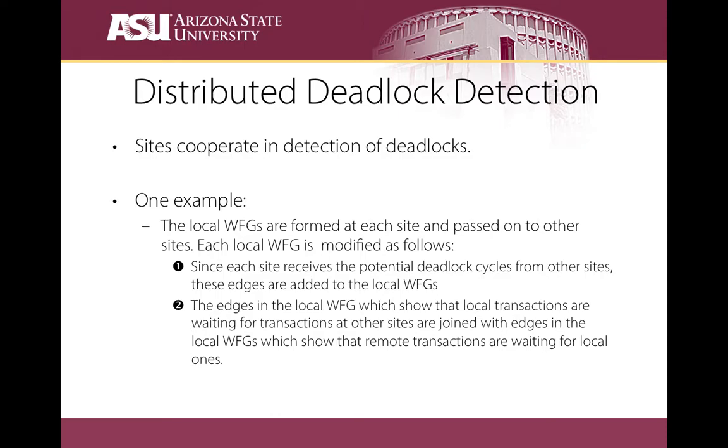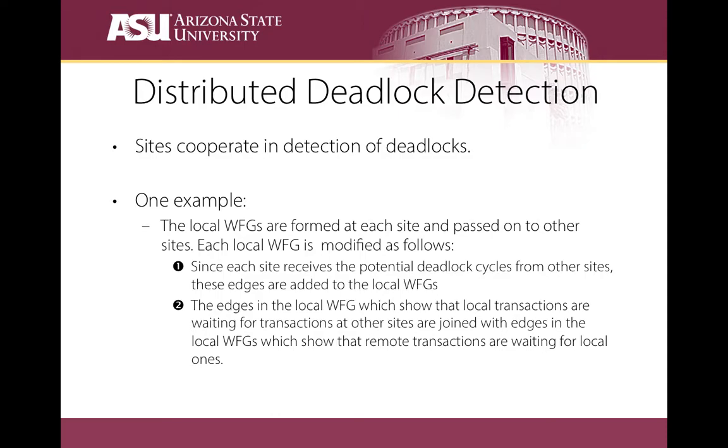The other site will take the puzzle pieces that it has, connect them together, and see, yes, now I have a cycle. Let's deal with it. But if not, it might also send some information about a potential cycle to another site, and so on and so forth.